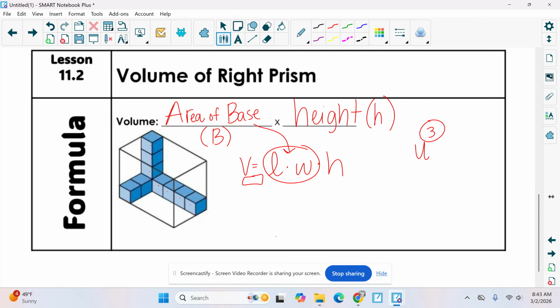Volume is cubed. The reason it's cubed is because you're packing the inside with little mini 1 by 1 cubes, just like you did. Does that make sense? Did you even hear what I was saying, or y'all were putting your stuff up? I know some of us can't multitask. Put your cubes up and then I'll quit talking.